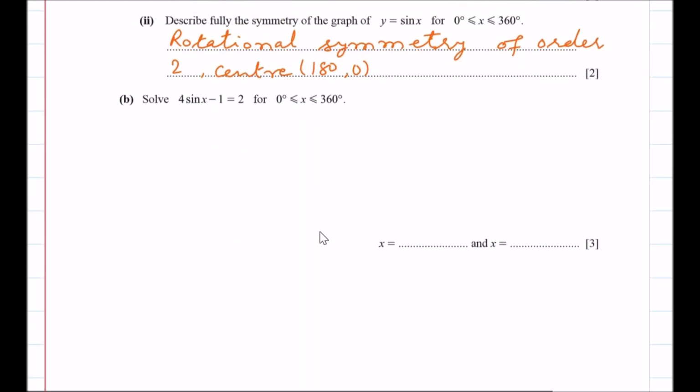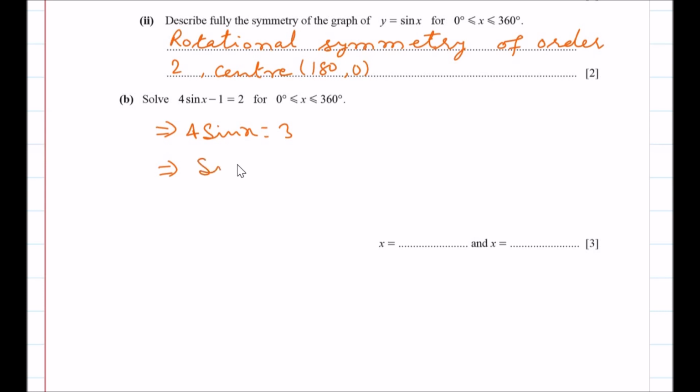Next part says solve 4 sine x minus 1 equal to 2 for x between 0 and 360, right? So here, first of all, what you need to do, 4 sine x is equal to 2 plus 1, that is 3.